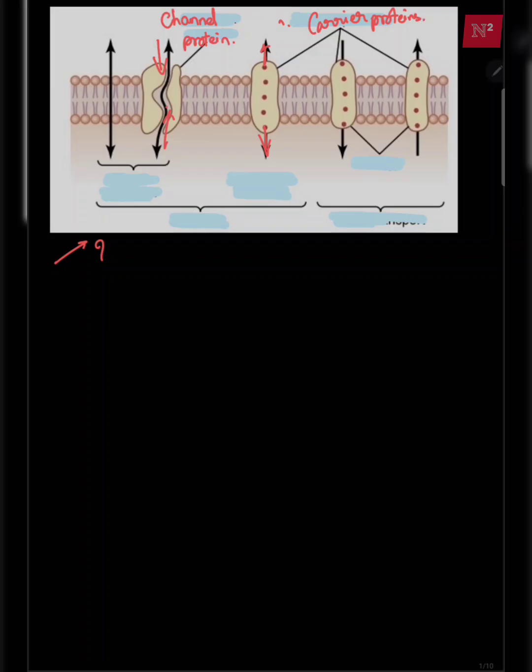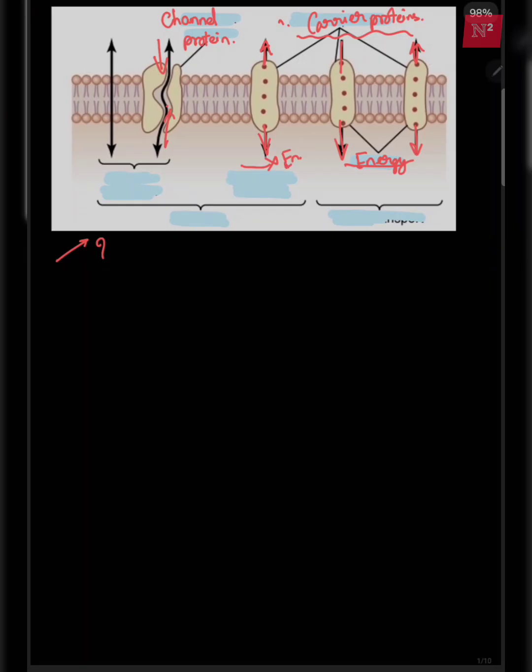Now there are some carrier proteins which do bidirectional function, and some which do unidirectional function. The difference between these carrier proteins is that there are certain carrier proteins which require energy for transport of the molecules, and some carrier proteins which do not need energy.